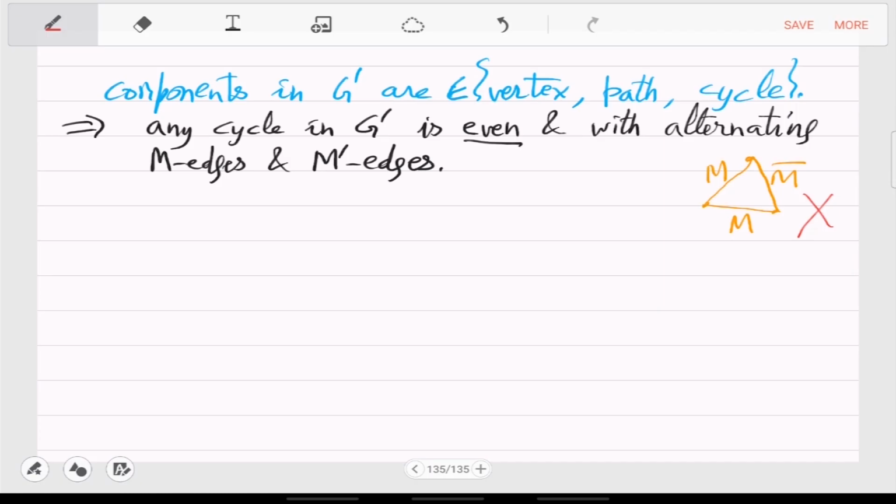Okay, so the isolated vertices don't have any edges, and the cycles are even. So what can you say about the paths?